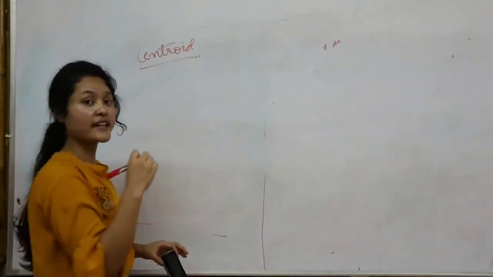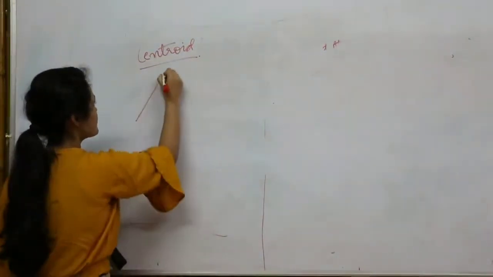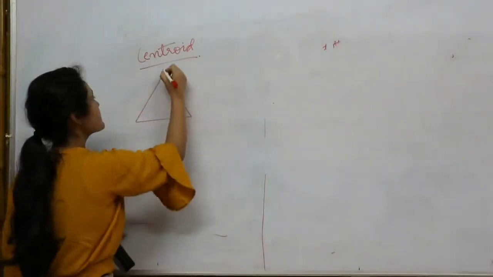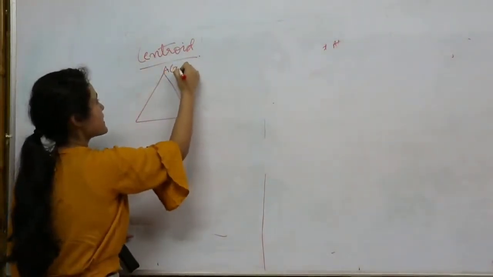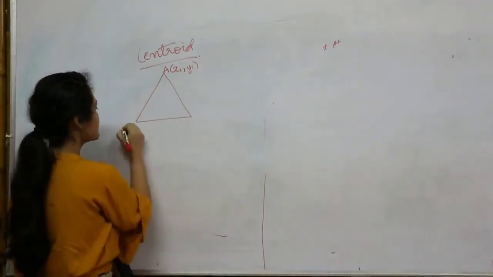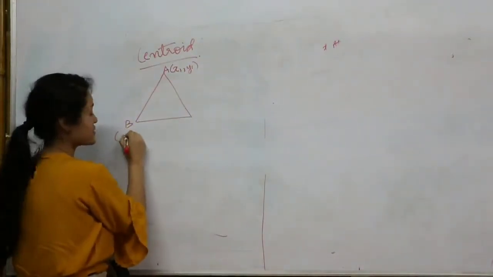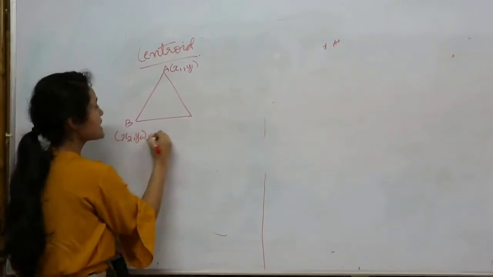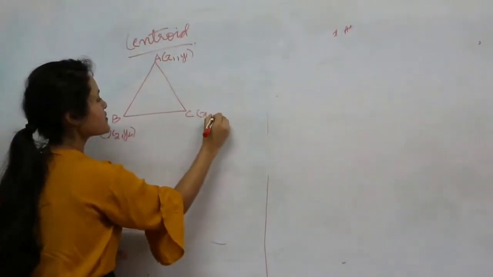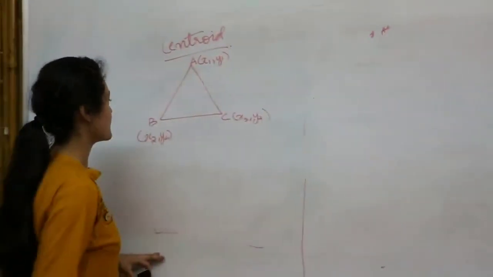Let us consider triangle ABC. This triangle ABC, let's say it has coordinates A(x1, y1), B(x2, y2), and C(x3, y3). Okay.